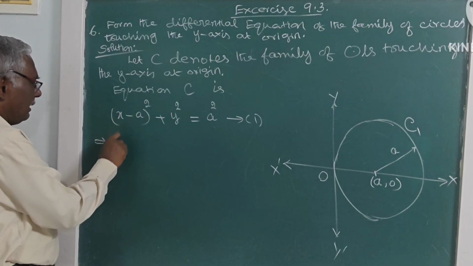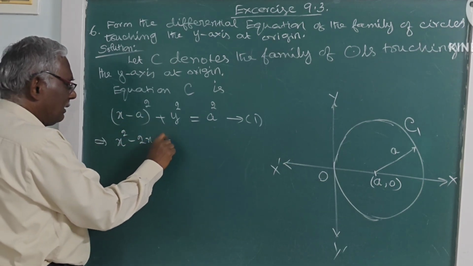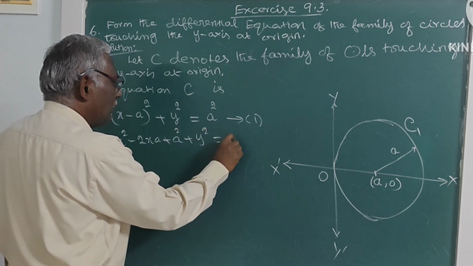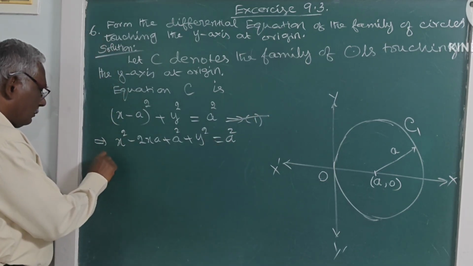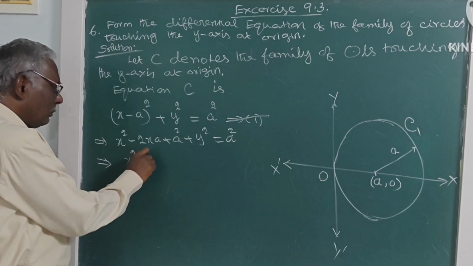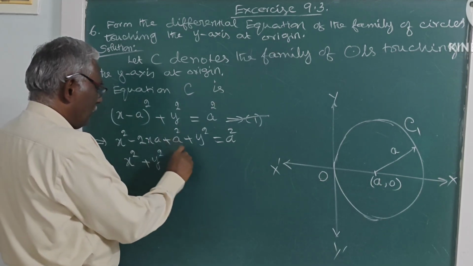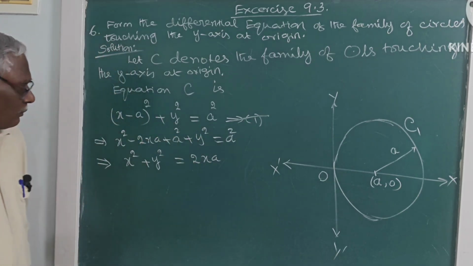This gives x square minus 2xa plus a square plus y square is equal to a square. Here we can write x square plus y square is equal to 2xa. Cancel.